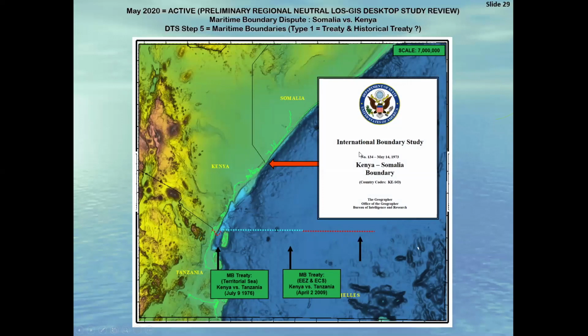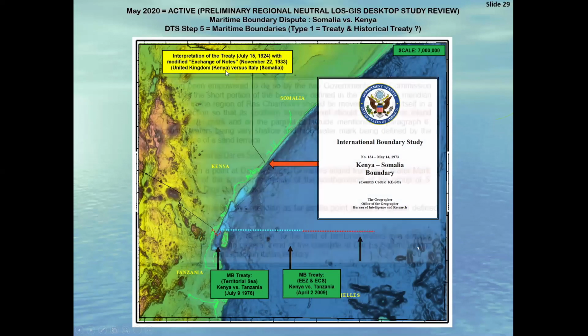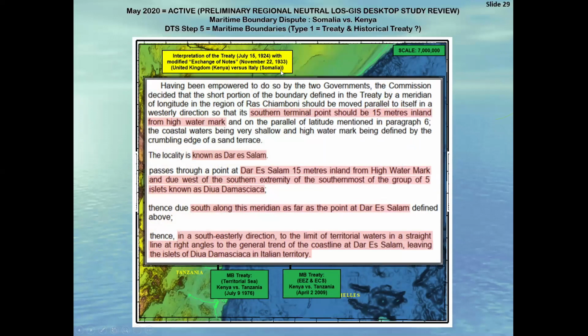Here is again that CIA-US document from 1973, which basically is an interpretation of the treaty of July 15, 1924, with modified exchange of notes that are critical that we found of 22nd November 1933. But that represented the UK, Kenya now, versus Italy, Somalia now. The takeaway points are the southern terminal point should be 15 meters inland from the watermark, known as Dar es Salaam.